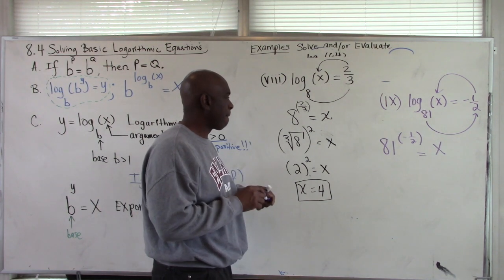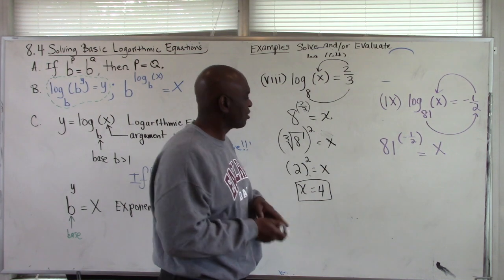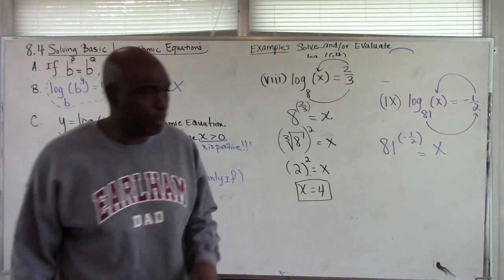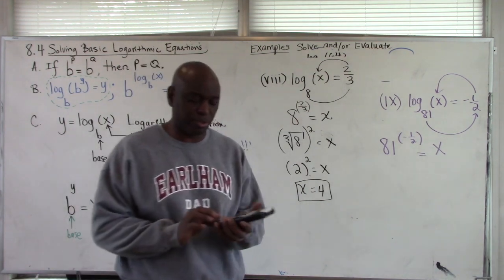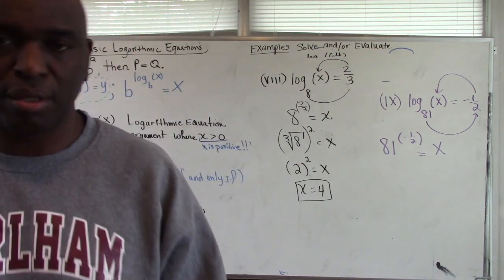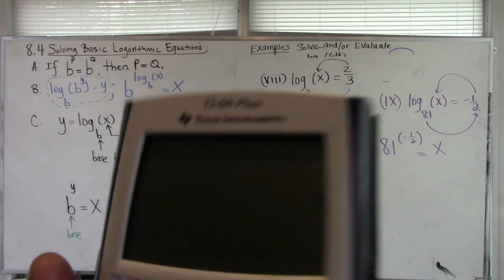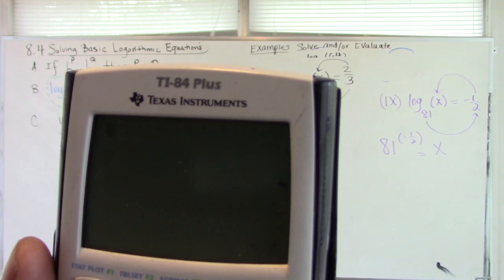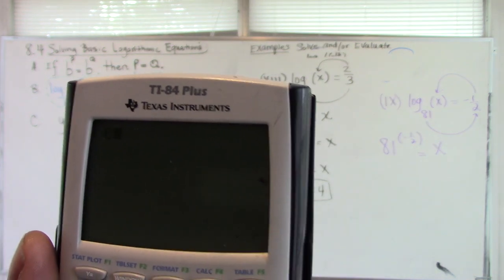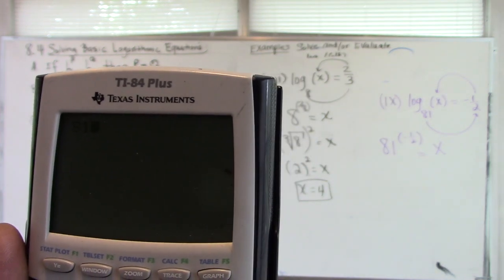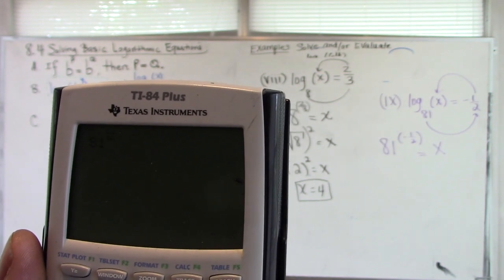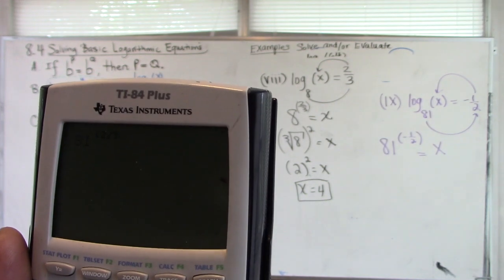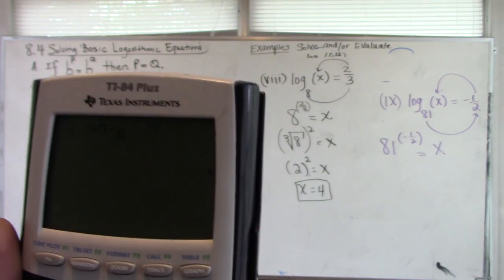Okay? And by the way, I'd say we can do both of these on the calculator. Let me show you. First, let me back up to this 81 to the 2/3. Calculator, let me show you how it's done. All right, so we have our calculator on. We have to type in 81 to the parenthesis 2 divided by 3, close parenthesis, arrow to the right.